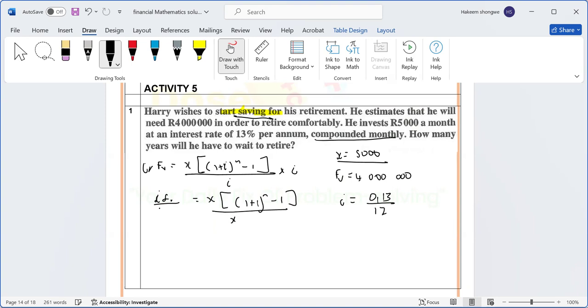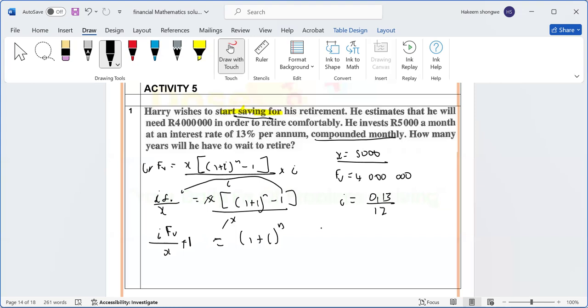We divide by X on both sides, and then remove the bracket, taking the 1 to the other side. So we have I times F all over X, minus 1 — it's negative, I always make this mistake — equals (1 plus I) to the power of n. Then we can take the log.